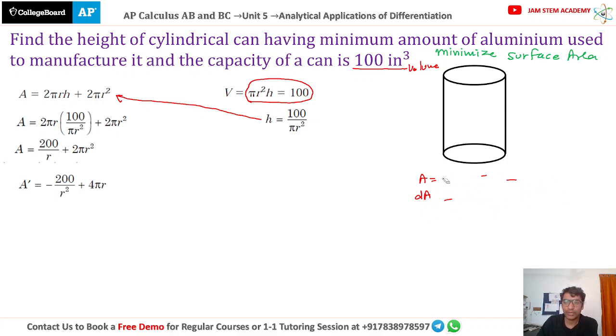Now in order to find the critical numbers, put this value equal to 0 and solve for r. You can use your GDC, because this time it's a cubic equation, so it's a good idea to use the GDC and solve for the value of r using either the numerical solver or the graphical method.